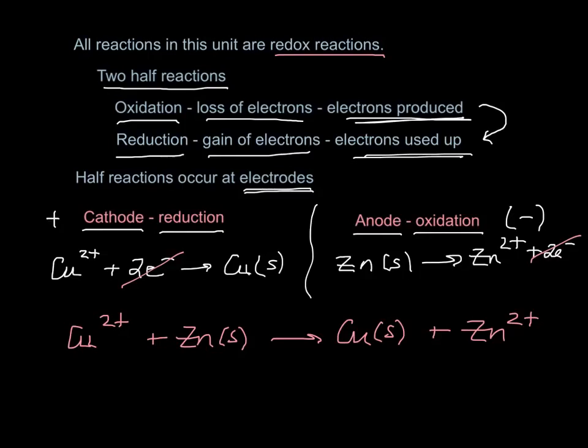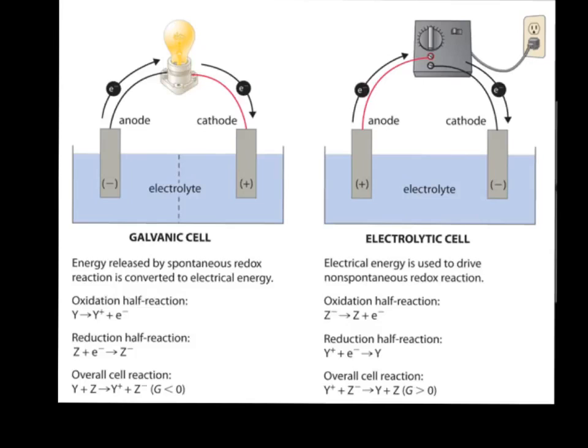So you probably remember doing this in the fall, and this reaction right here is spontaneous. Later we're going to learn how to measure something called voltage that will predict for us whether a reaction is spontaneous or not. So I'm telling you this one is spontaneous, so it produces electricity, and you can use that electricity to run a light bulb or something.